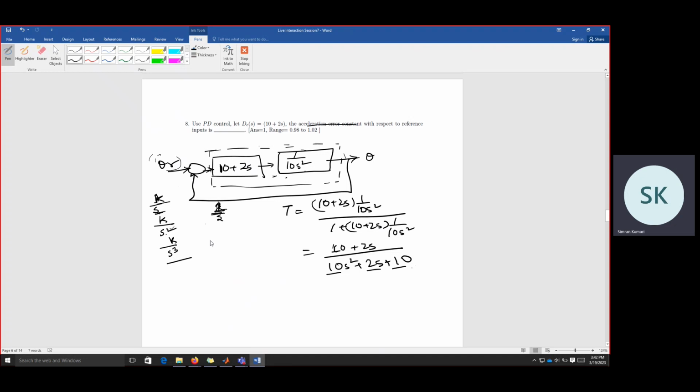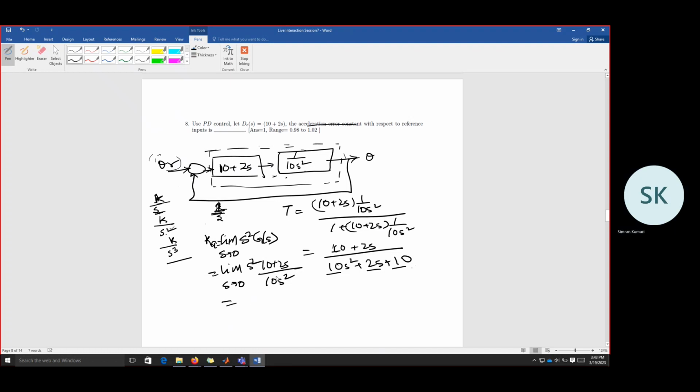Now this error constant we have already dealt with in previous lectures. So we have this acceleration error constant, which is equal to limit s tending to 0 of s² G(s), G(s) being the forward path. What is G(s)? This is (10 + 2s) by 10s².